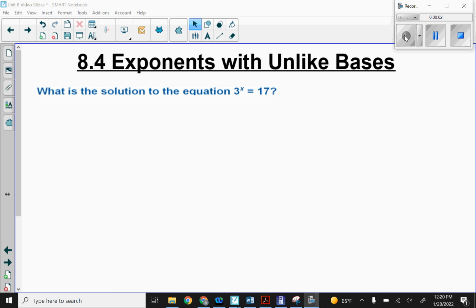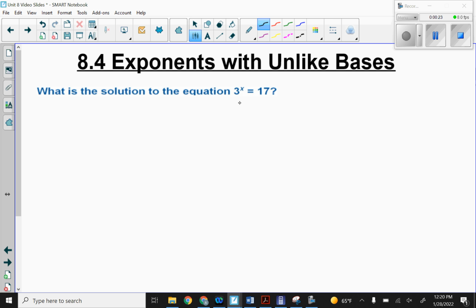In 8.4, we're solving when we have exponents with unlike bases. For example, in this first example, what is the solution of the equation 3 to the x equals 17? Now, there's no way that we can make 17 have a base of 3.